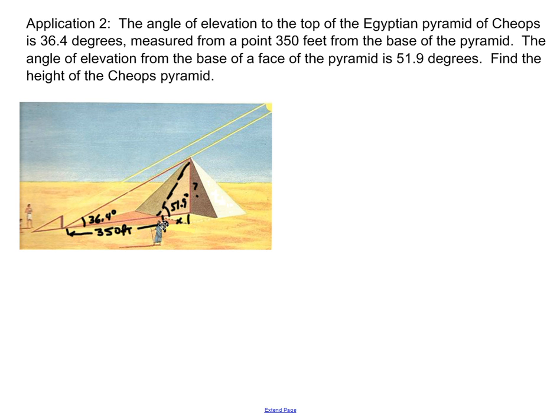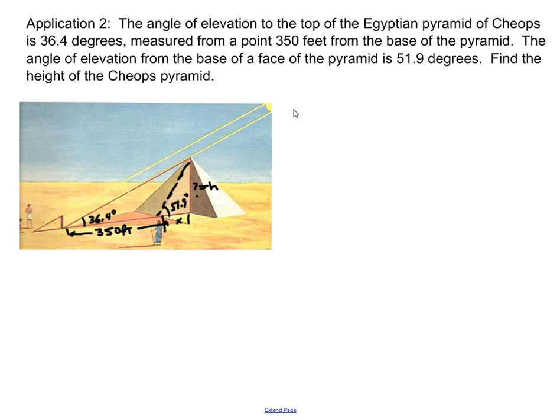whatever it is, that length will give us something like a tangent problem like we just dealt with. So we're going to set this up as a right triangle problem. I'm actually going to have two right triangle problems here. I'm going to call the height of our pyramid h. So what would we say?